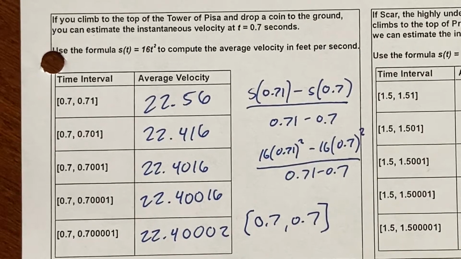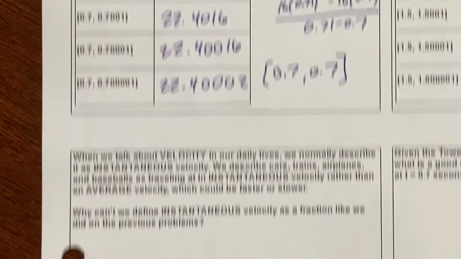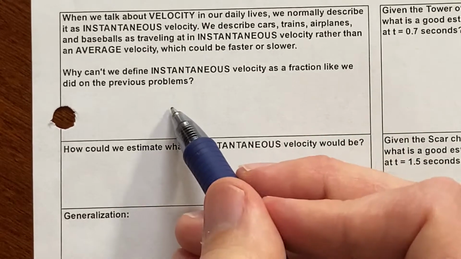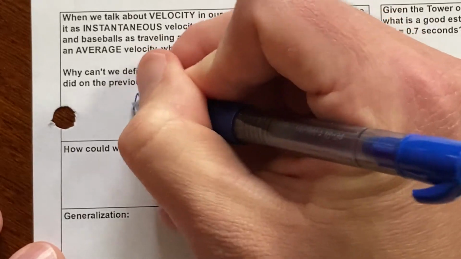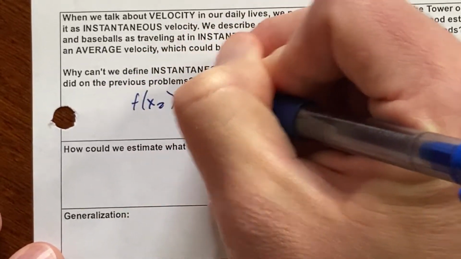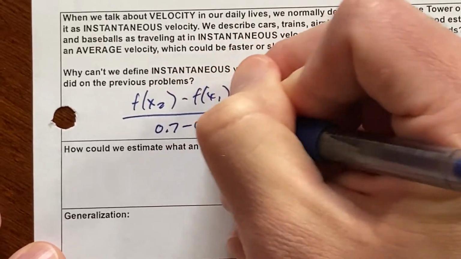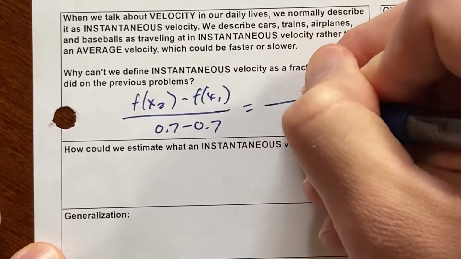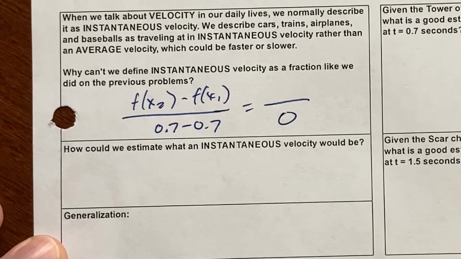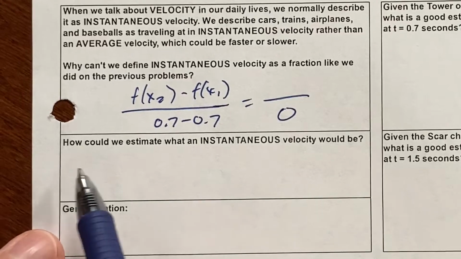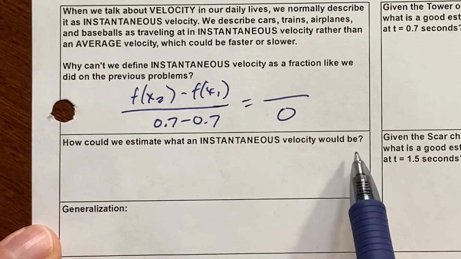Why is that a problem? Because when you do this, f of x2 minus f of x1, you get 0.7 minus 0.7. Your denominator would be 0, and you can't do that. That's a problem. Well, how could we estimate what an instantaneous velocity would be?